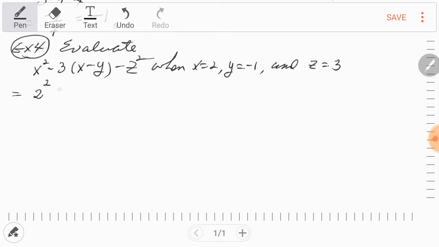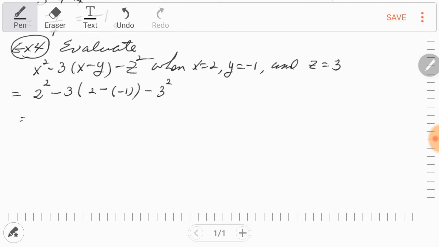But if it's negative, always put the parentheses. Then 3 times parentheses x, x is 2, minus y. Y is negative 1, which is a negative number, so put parentheses. And then minus z squared, z is 3, so 3 squared.